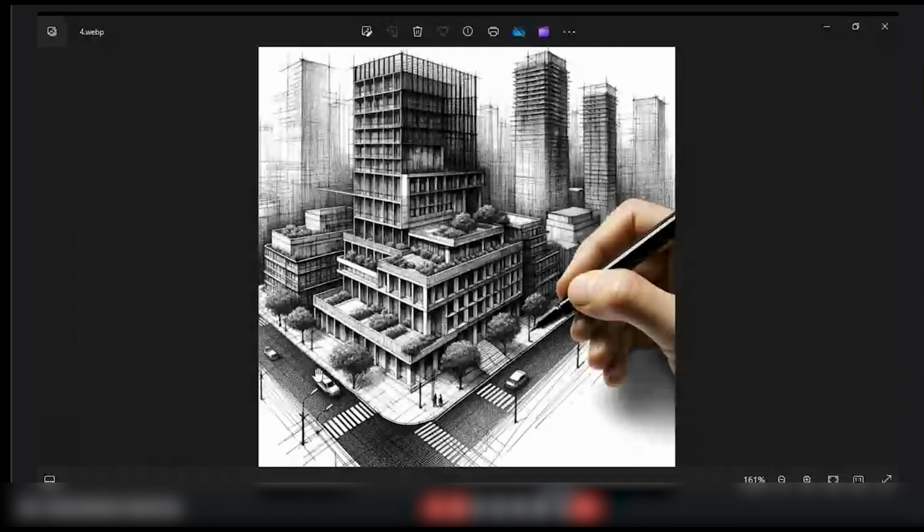Can anyone tell me what balance means in a particular drafted sketch or drawing in our field? What kind of balance can you achieve when you are drafting a particular sketch?